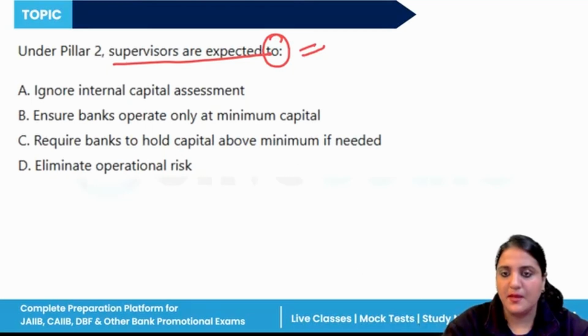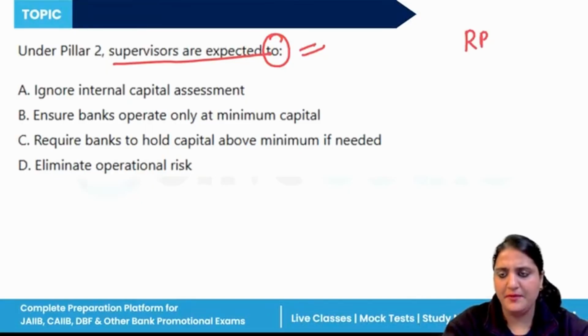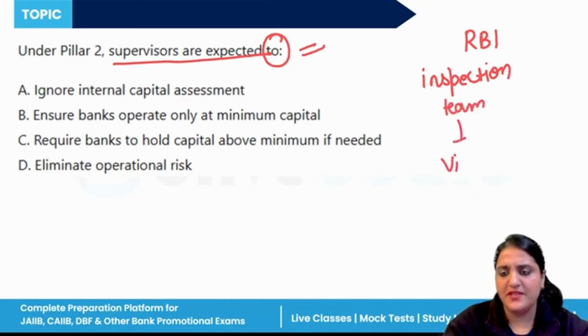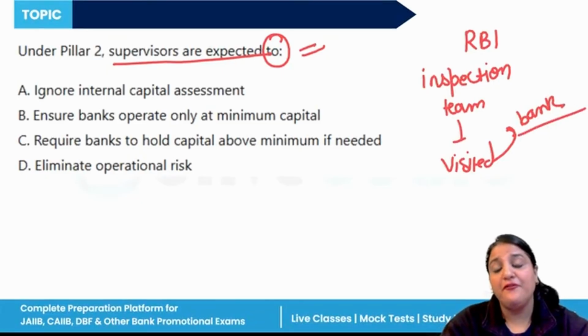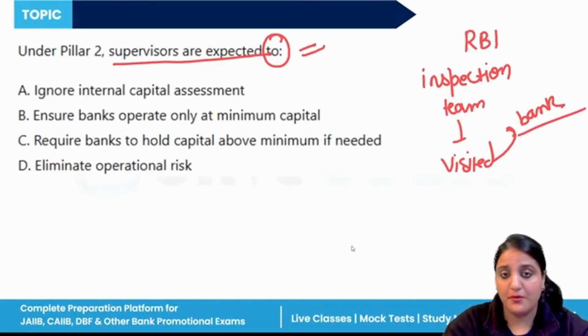See, suppose RBI inspection team visited your bank, right? Now, we know you maintain minimum capital. They say that we know you maintain minimum capital.